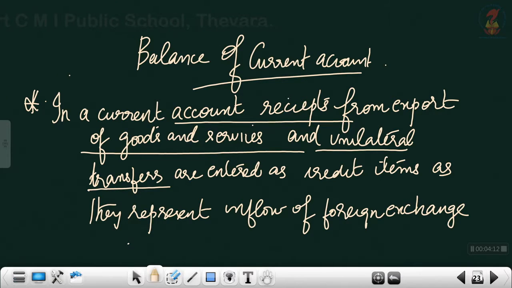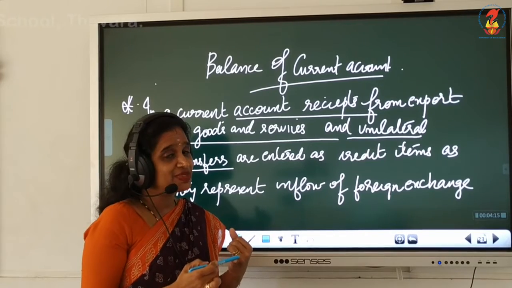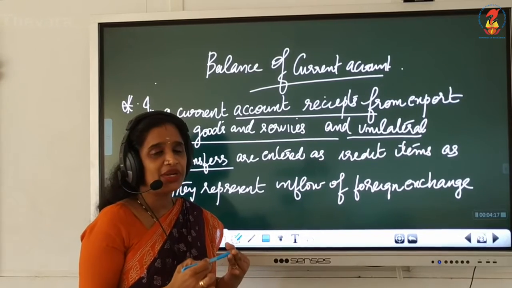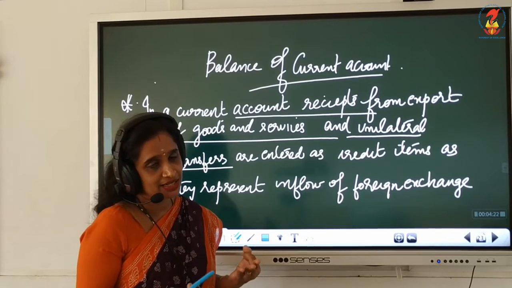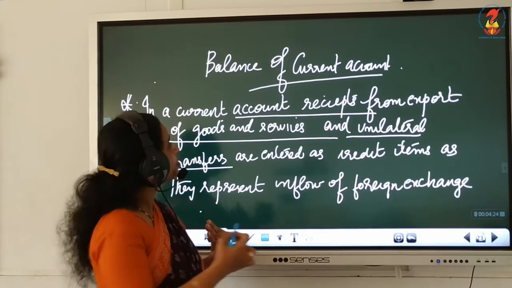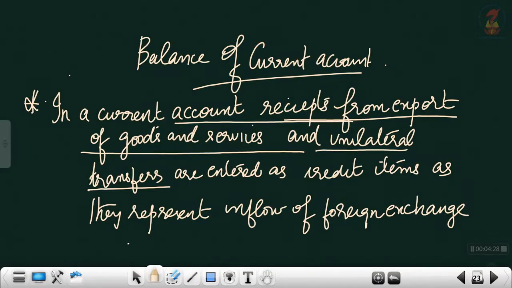You know what all the components in the current account are: visible items, invisible items and unilateral transfers, as we learned in the previous classes. So in the current account, receipt from the export of goods and services.